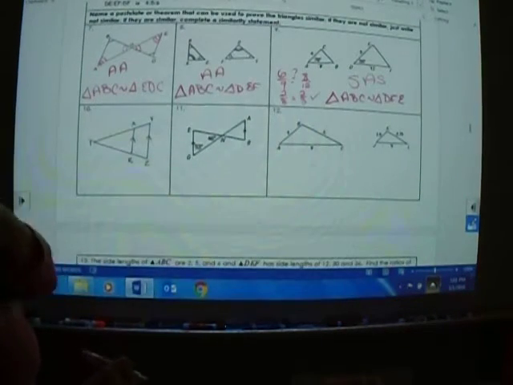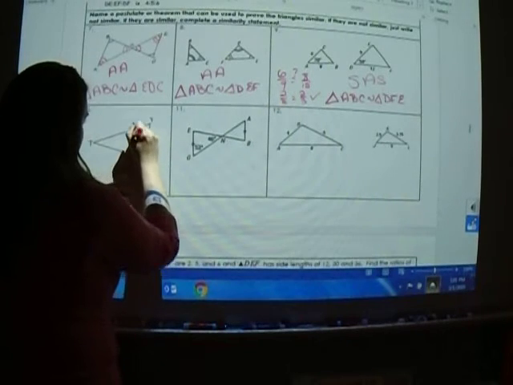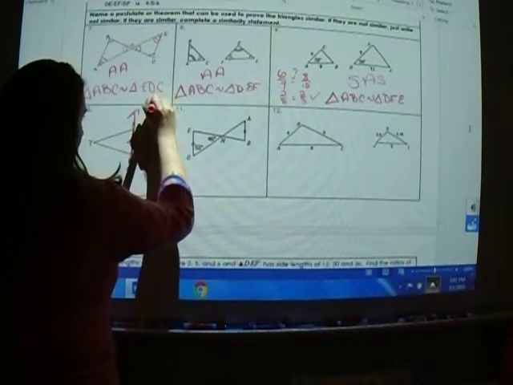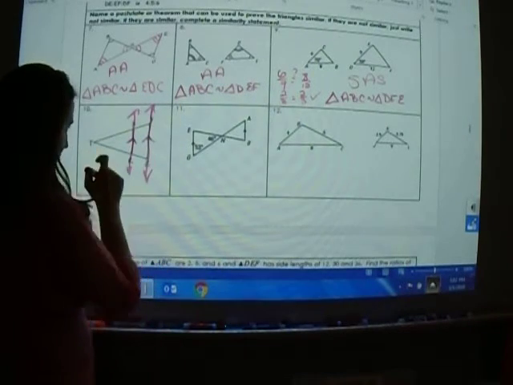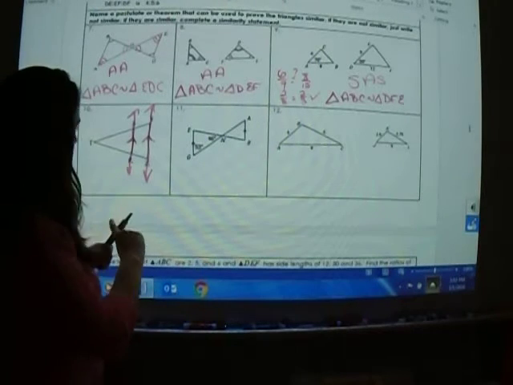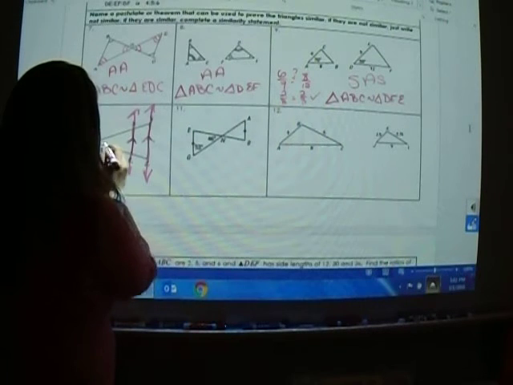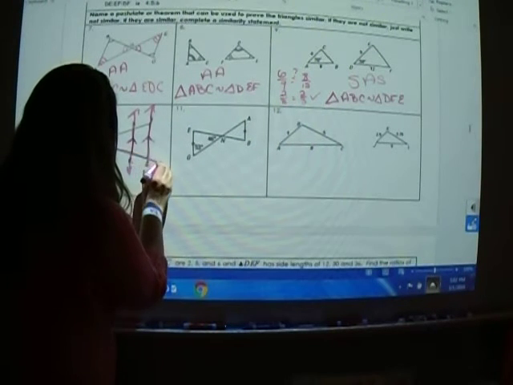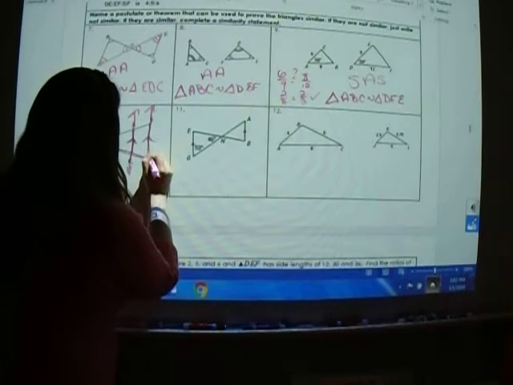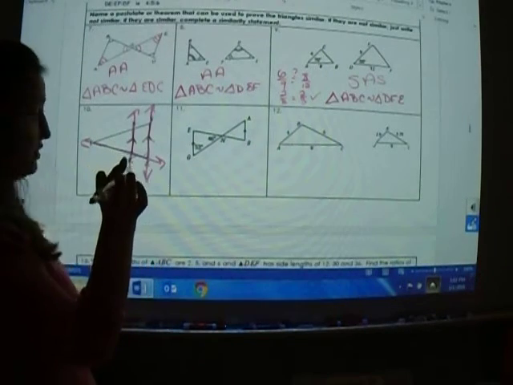All right, number 10. So we're told right off the bat, because of these arrows, that these lines are parallel, right? So if we look at this as a transversal, this angle would be congruent to this angle because they're alternate interior angles.